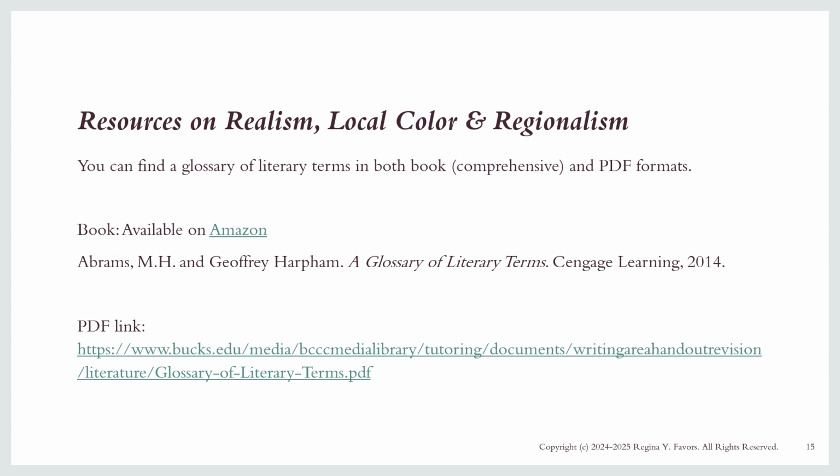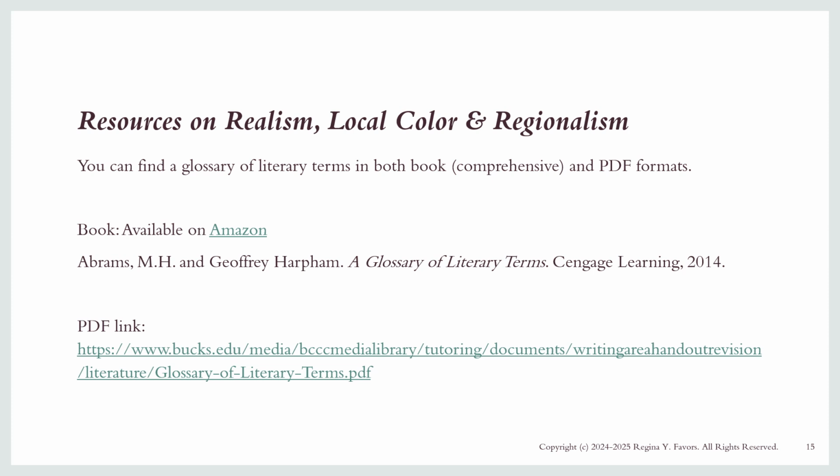All right, here's some resources on realism, local color, and regionalism. So you can find a glossary of literary terms in both book and PDF formats. This is a standard book that we used when we were in college. So that's the Abrams source here, a glossary of literary terms.